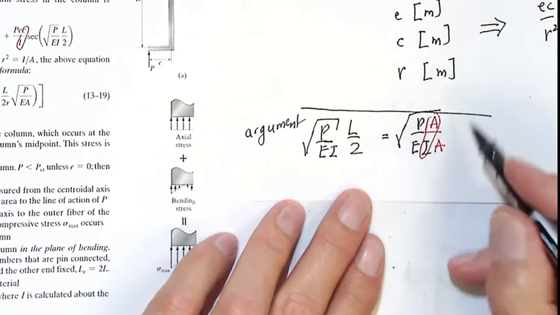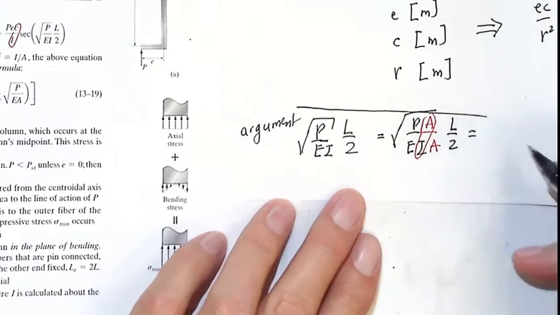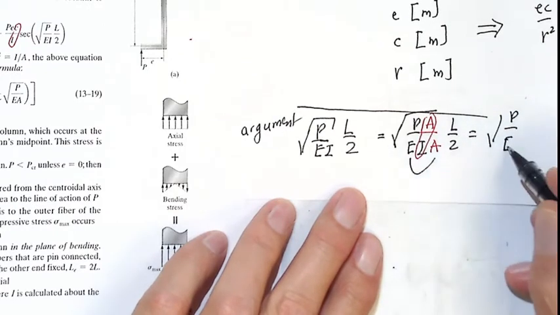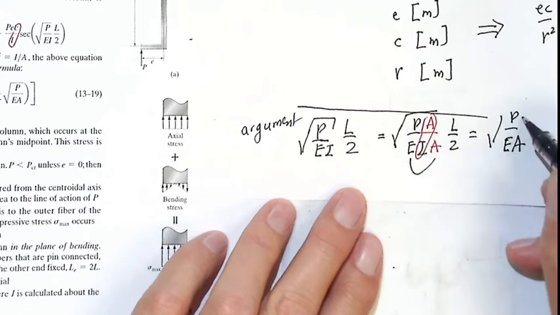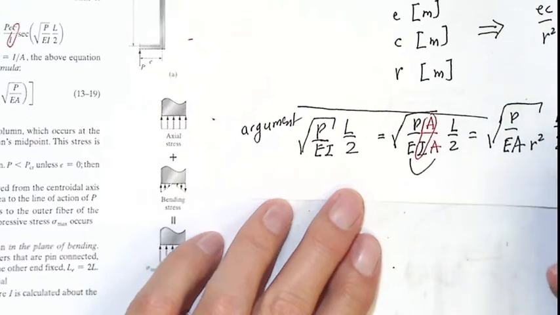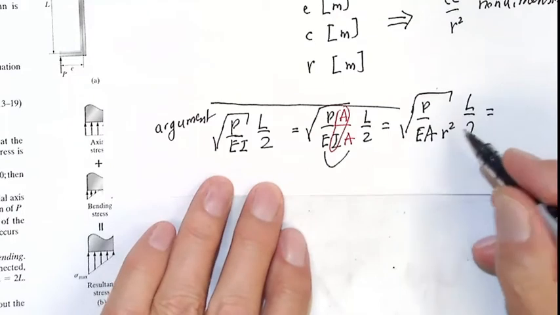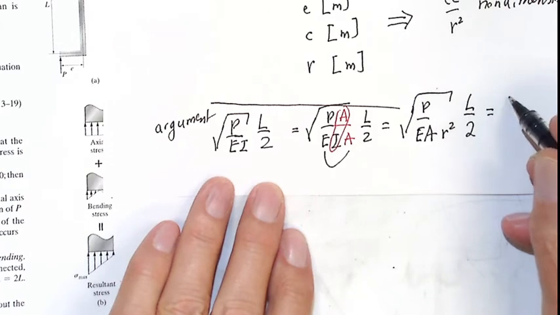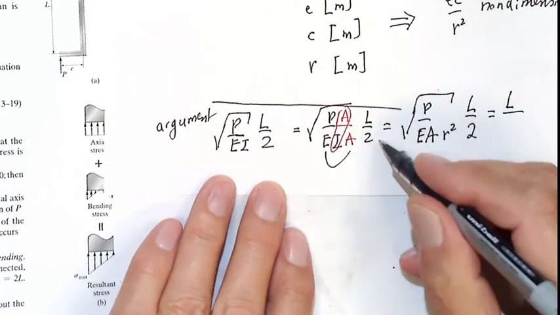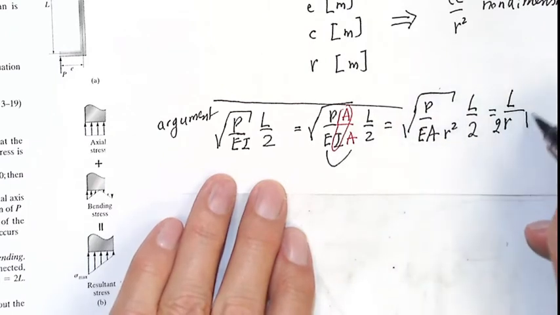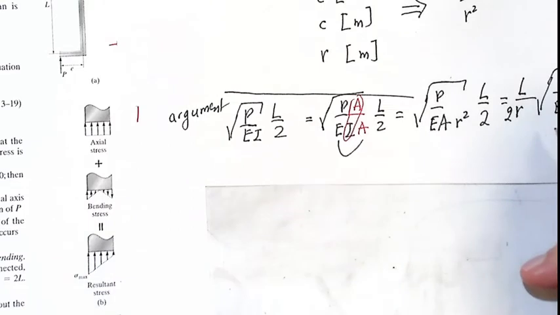So there is L squared over 4 r squared, and it equals P over EA times L over 2r.